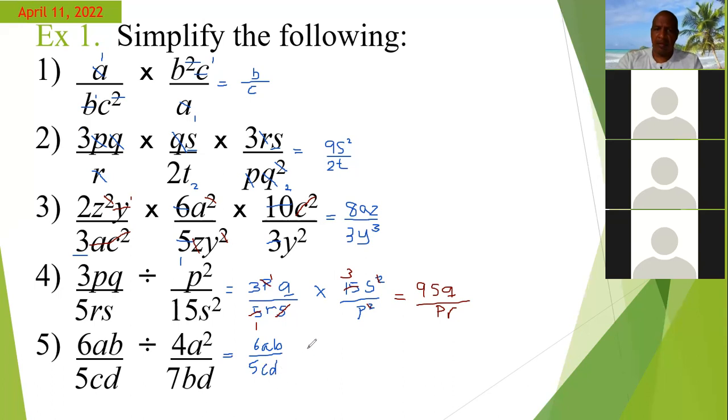Change the sign to multiplication, and then invert the second fraction. 7BD over 4A squared. All right, so 7BD over 4A squared.